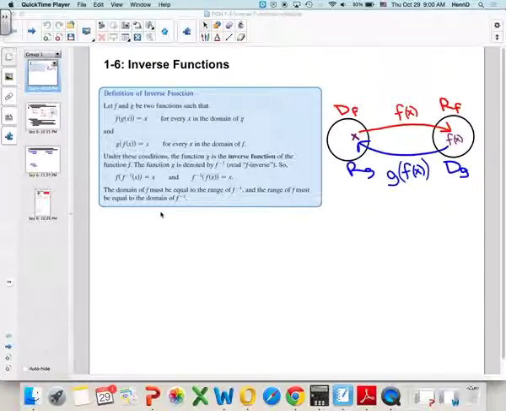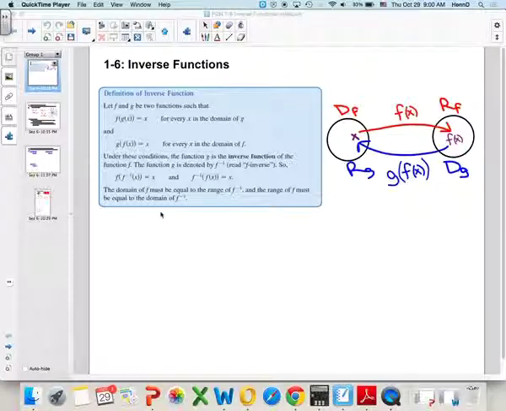You guys back in pre-algebra learned about inverse operations. Those are called inverse operations because they give you the identity. In other words, if you were multiplying and dividing, the identity was 1.